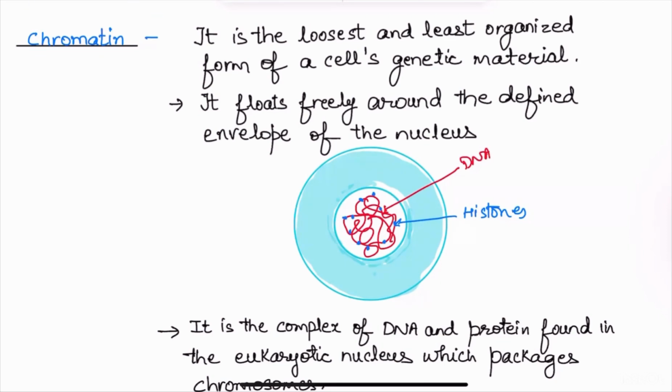So always remember that whenever a linear DNA, which is the form of DNA present in eukaryotic organisms, associates with histones, because DNA being negatively charged and histones being positively charged, they form bonds with each other. And this is also a requirement of the cell so that we can package a linear long DNA inside a small nucleus.